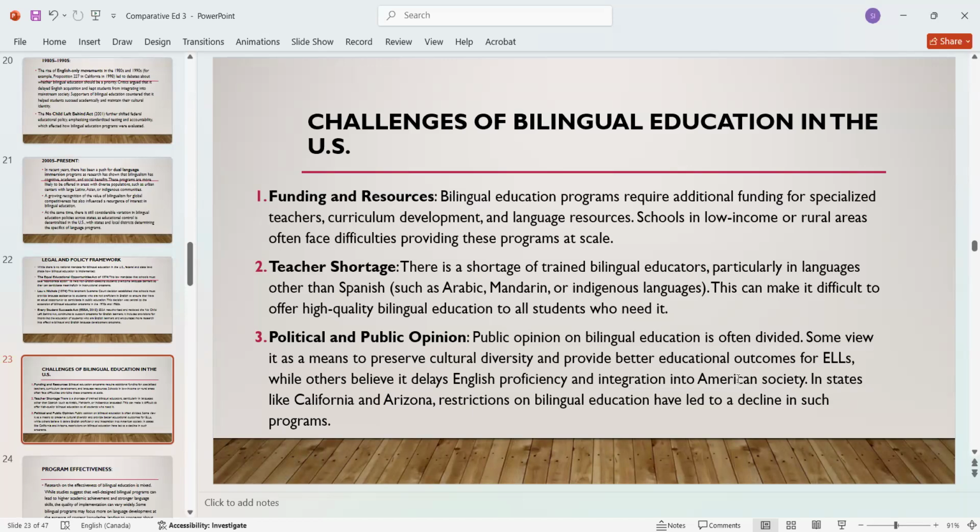And the third one, political and public opinion. Public opinion on bilingual education is often divided. Some view it as a means to preserve cultural diversity and provide better educational outcomes for ELLs.